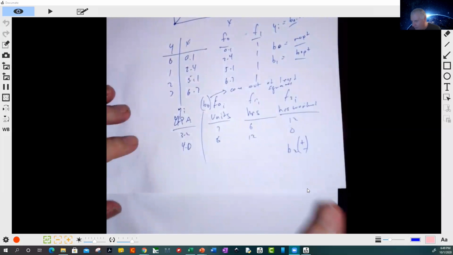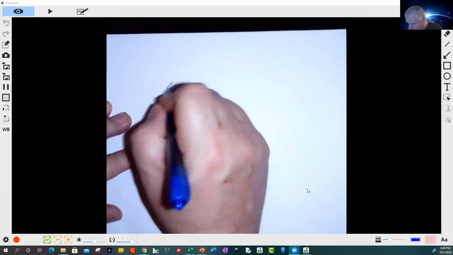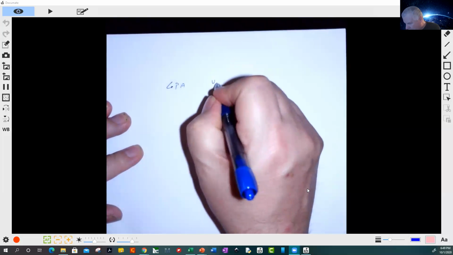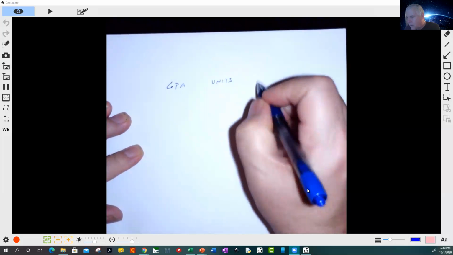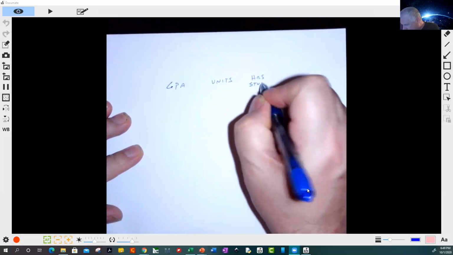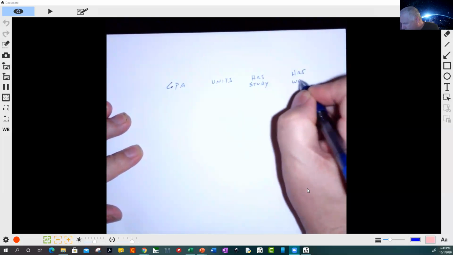So let me just reframe this question again. I'll redraw it here. We have GPA as a function of units, hours studying, and hours working.